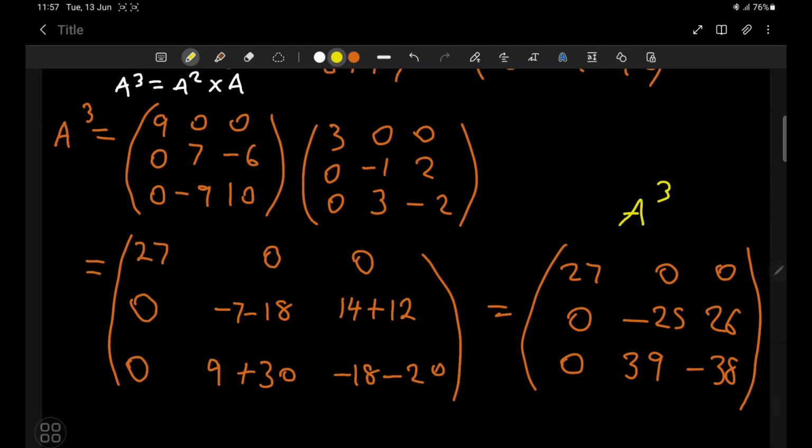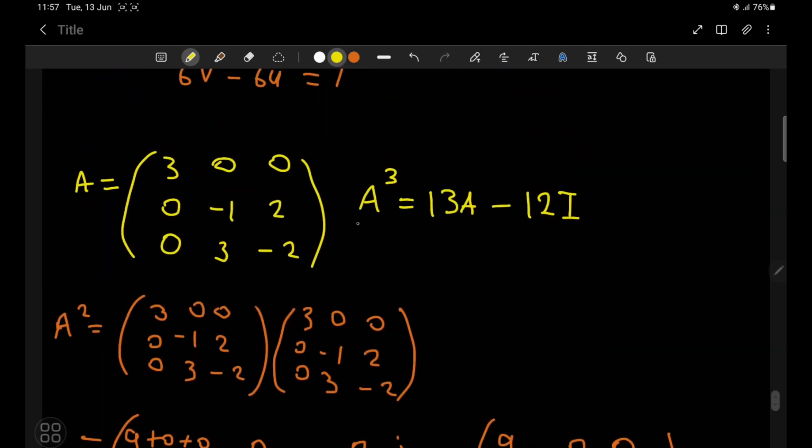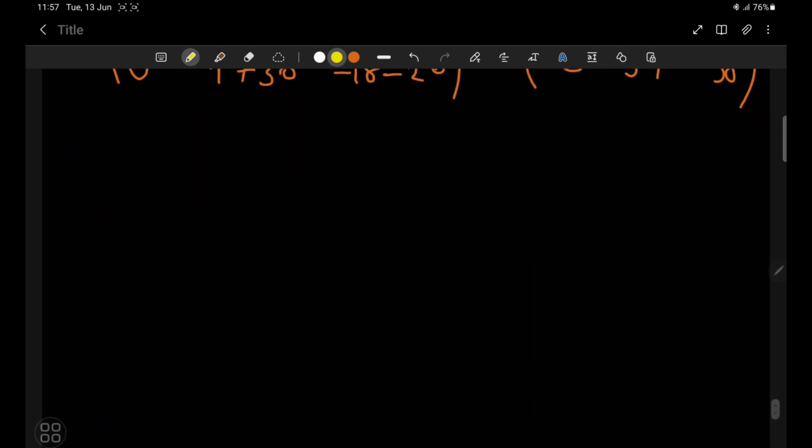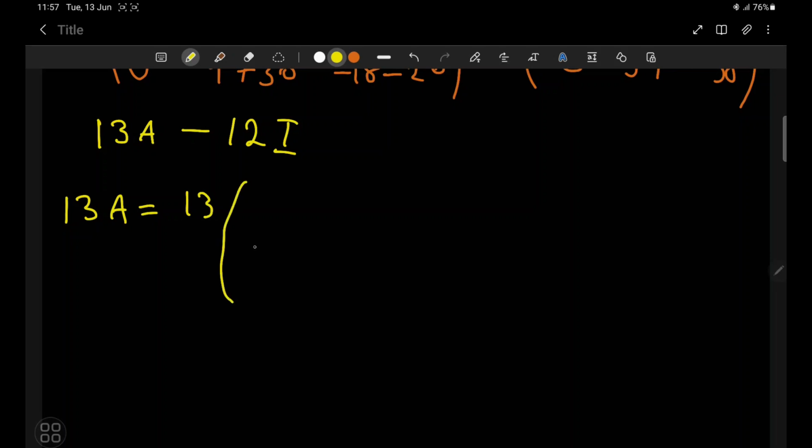Okay. So from the question, they've told us to show that this A cubed is equal to this expression when we put it in place. So let's do it. So if we were to write 13A, so we need to find this. So let's first get 13A. 13A is us multiplying 13 throughout the A matrix, which is 3, 0, 0.